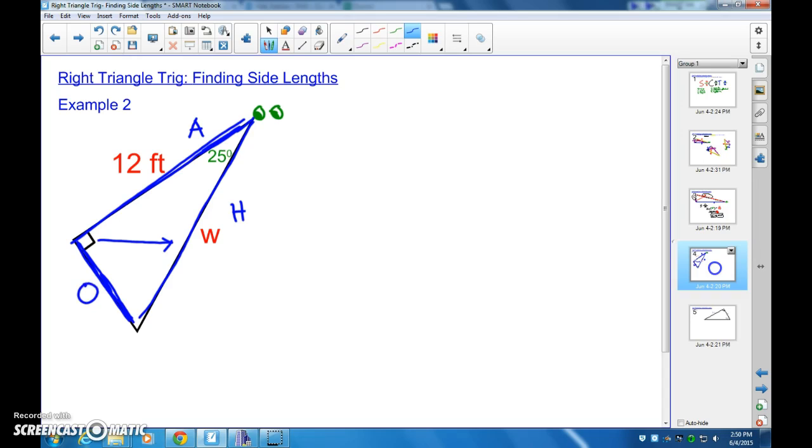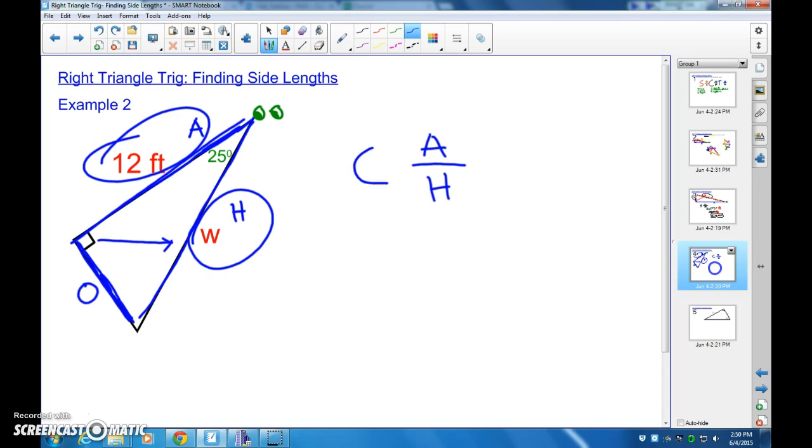Now I didn't color code that time, I just kind of laid it all out. Now look at what you want and look at what you have. You want the hypotenuse and I have the adjacent. With the A and the H, you're going to be using cosine.